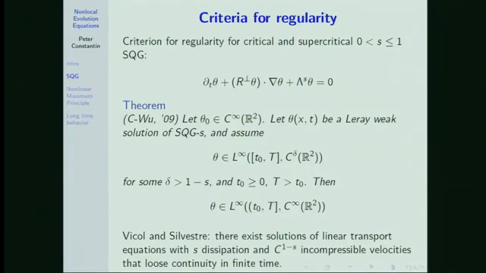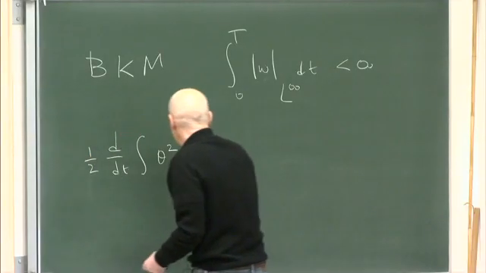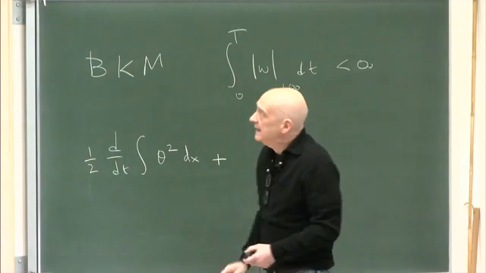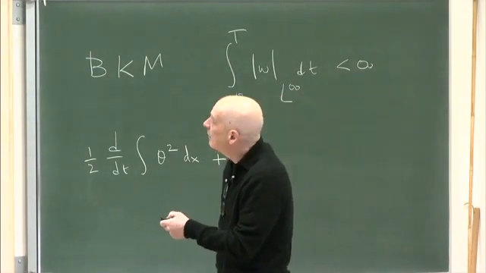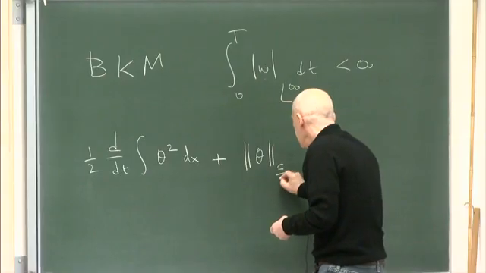I get d/dt of the integral of theta squared with 1/2 dx. And then here I have a 0. And here I have this guy, which I'm going to write down simply like theta s over 2 squared.